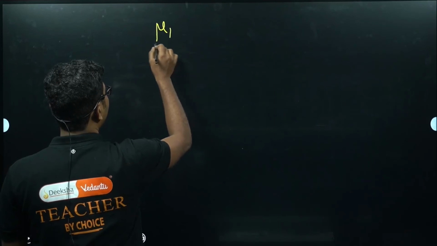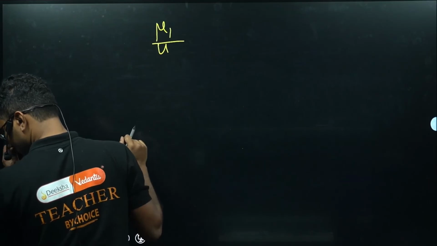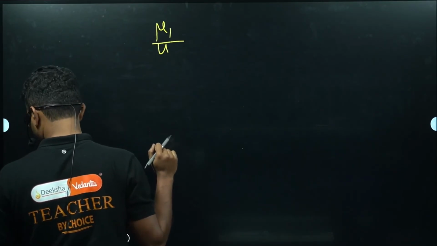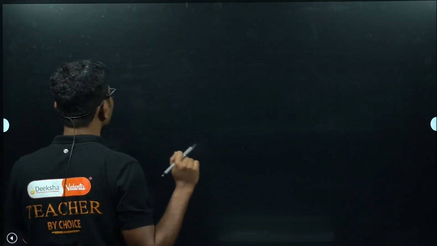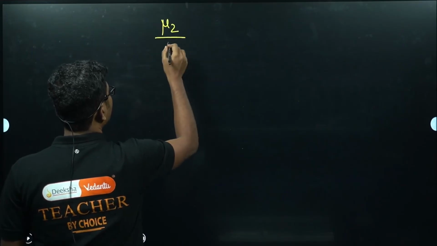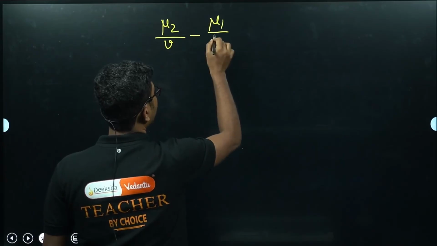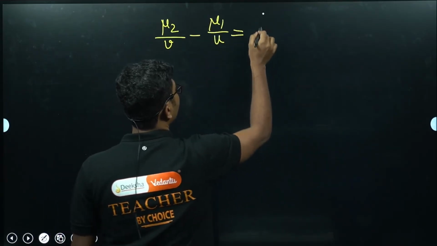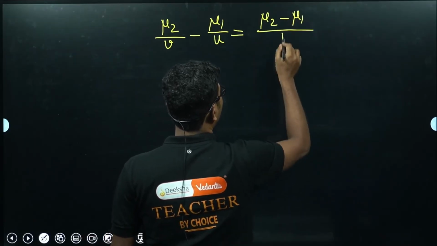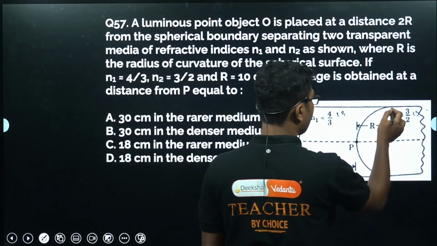We know the formula mu 2 by V minus mu 1 by u equals mu 2 minus mu 1 divided by r. When for spherical surfaces, if you remember, we have done this derivation.